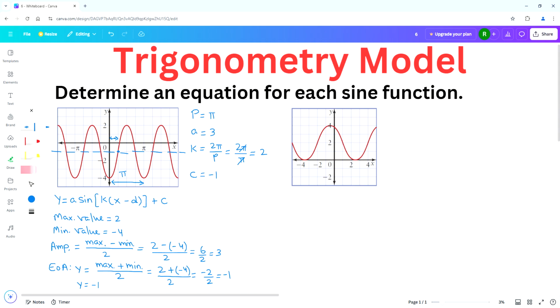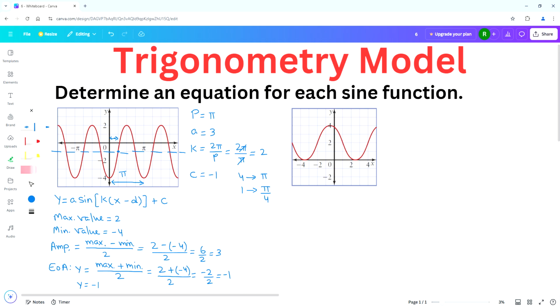As per the scale on the x-axis, 4 squares are equivalent to pi units. So 1 square is equivalent to pi over 4 units. This is a very important concept we need to understand for problems like this one.